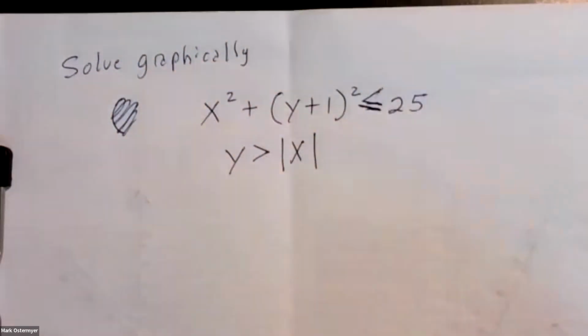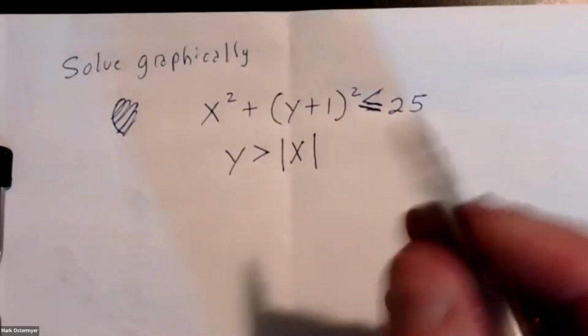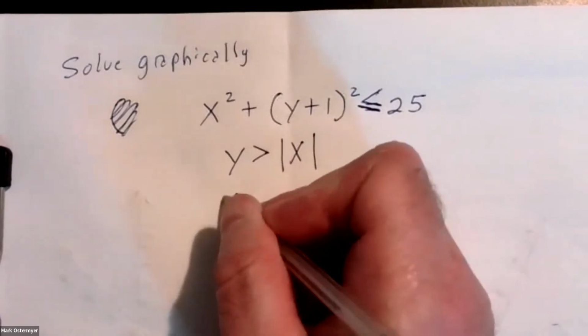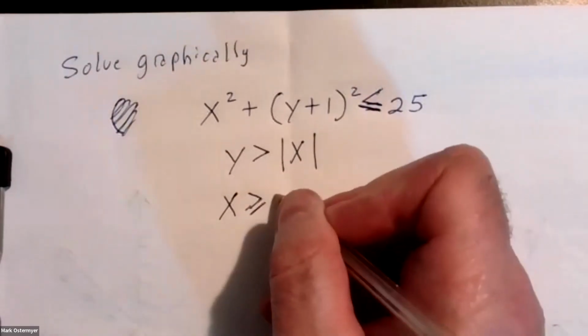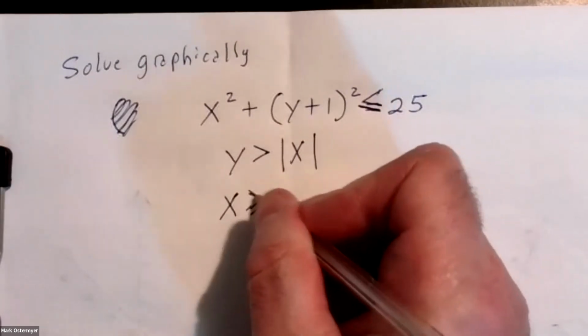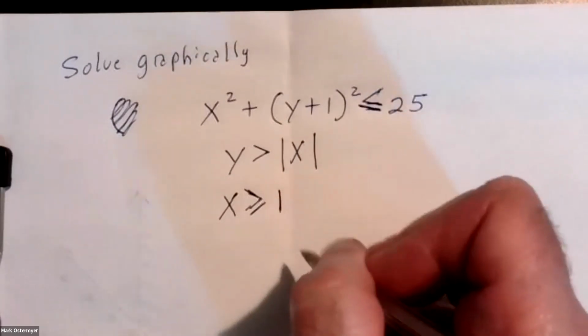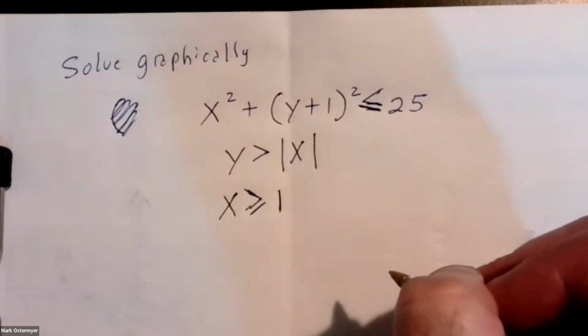Ladies and gentlemen, I want you to solve that nonlinear system of 2. Oh, wait a minute, I'm not done yet. Hold on. There's one more. And also this one: x is greater than or equal to 1. I want you to solve this system of 3 inequalities in 2 unknowns by graphing the solution set.